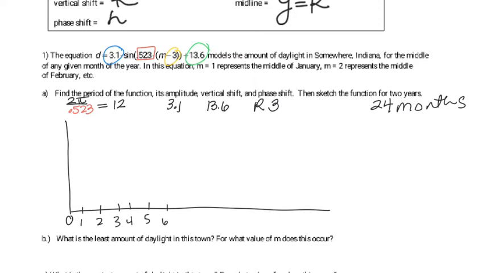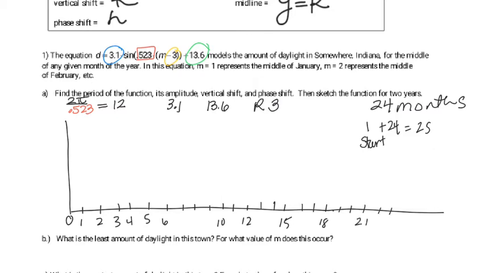But I want you guys to notice that since I'm starting at month 1, and then I add 24 to that, I have to end at month 25. So 6, 7, 8, 9, 10, 11, 12, 13, 14, 15, 18, I got to keep going, 19, 20, 21, and 25. All right, so that should be good.